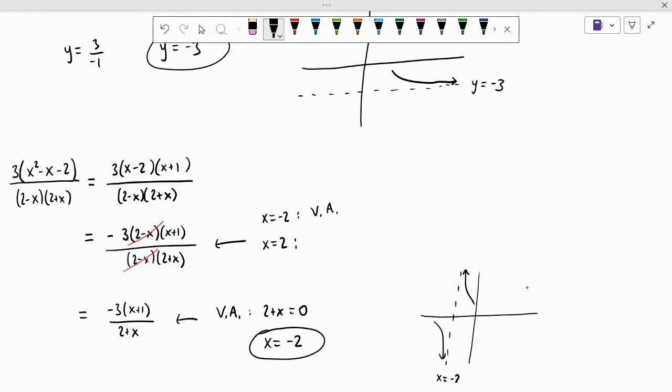What about x equals 2, which is the value that got canceled out here? If you're able to make a cancellation like this, then you don't get a vertical asymptote. Instead, you're going to get a hole at any location that you were able to cancel out.